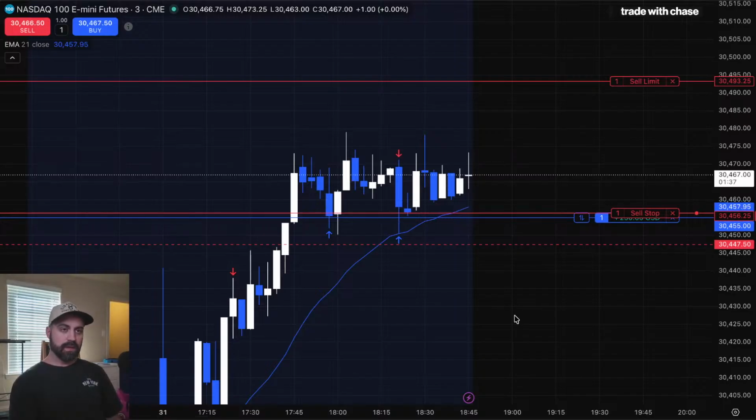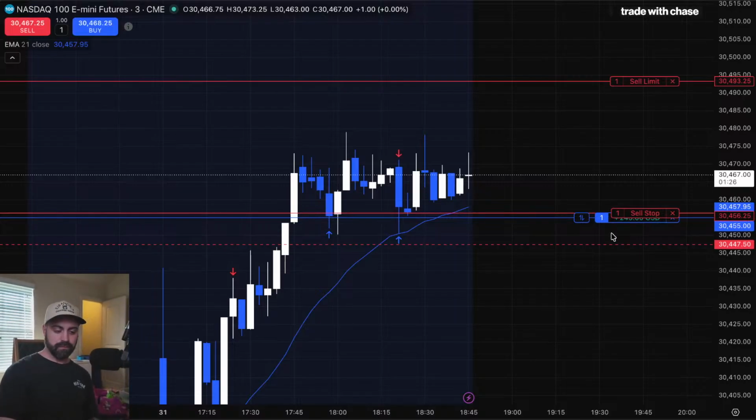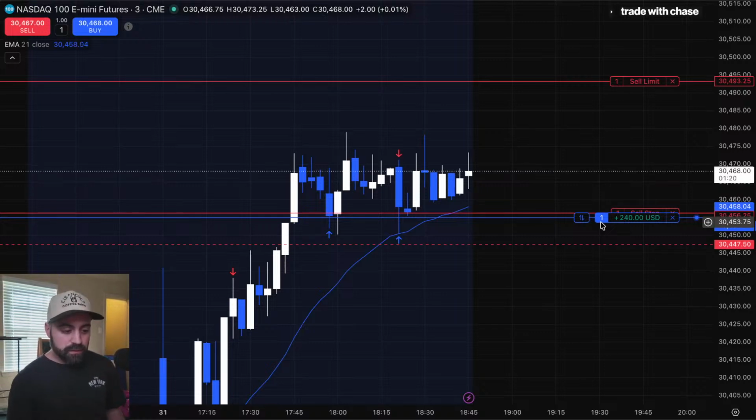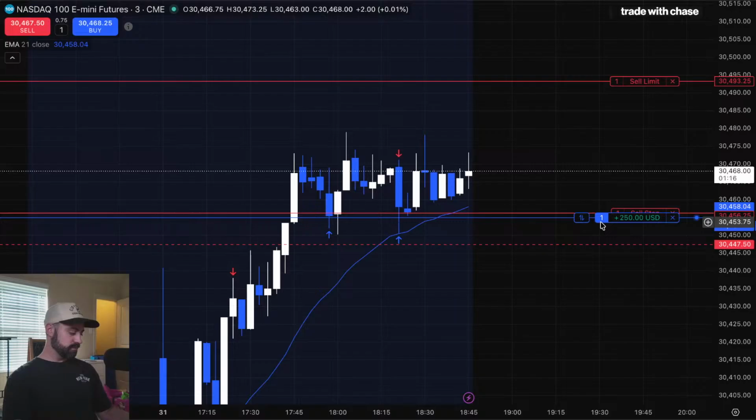Might be getting a little too greedy. Still 14 minutes out from open. This thing could very easily just stall around like this until that 7 o'clock open.